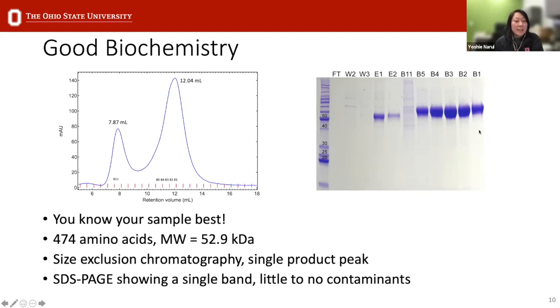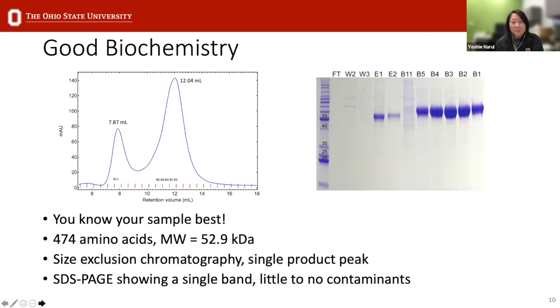We want to see evidence that you have a very clean sample, that you know the sequence information and the molecular weight. You have an idea of how this sample is going to behave and what buffers it prefers. Now, this is not the only way to demonstrate something like this.